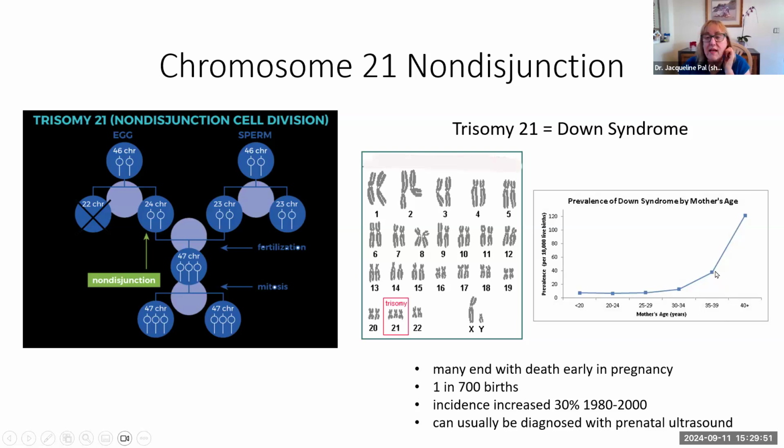And so prenatal testing can look for the presence of trisomy 21 by looking at cells, or even now for the presence of Down syndrome in children with ultrasounds looking for associated malformations, and mothers who have children with trisomy 21 can decide whether or not they want to continue the pregnancy.